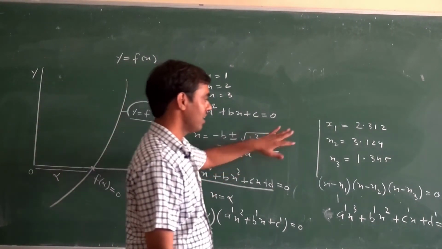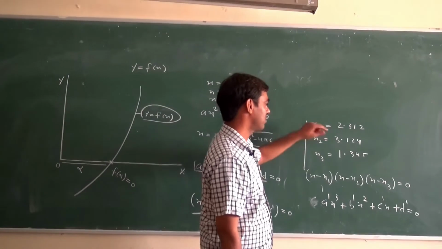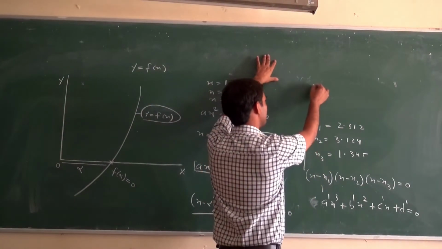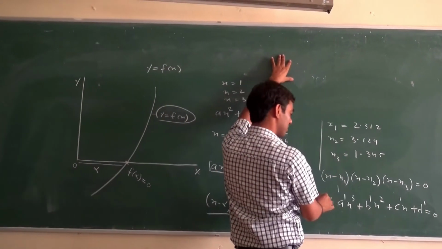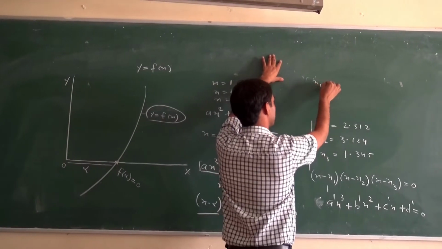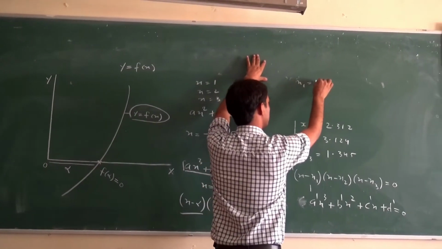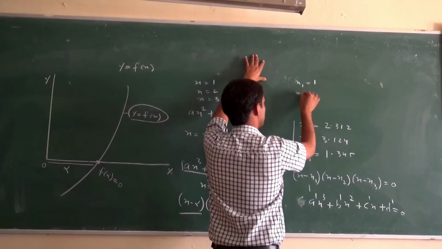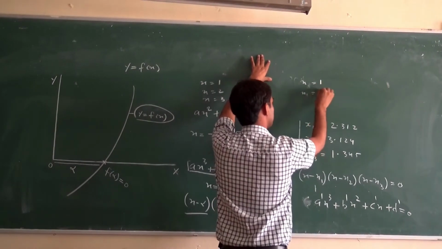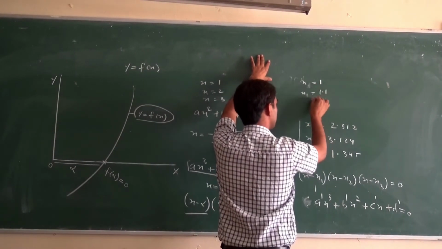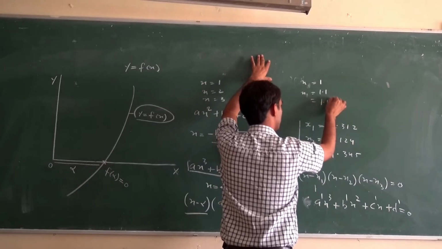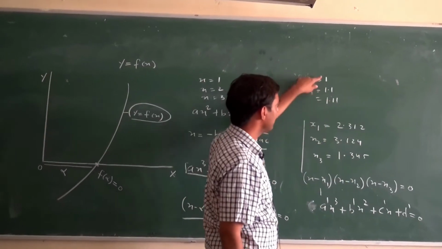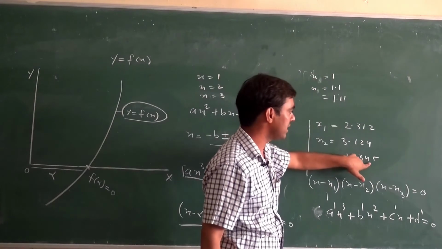Now, somehow, suppose we try to find the solution by the traditional method. Suppose here we find x1 equal to 1, and next the value of x is 1.1. Similarly 1.11. How many numbers are between 1 and 1.345?